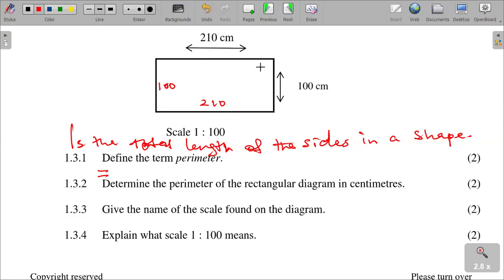So we need to add right round. We add right round, which is equal to 210 times 2 plus 100 times 2, which is equal to, if we put it through the calculator, 620 centimeters.